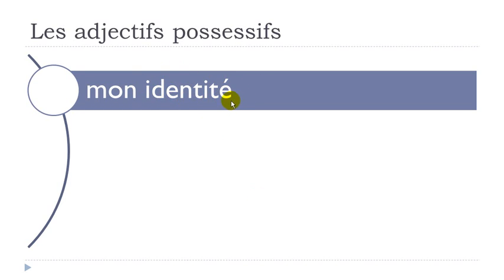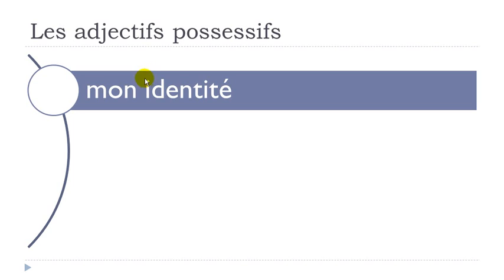If you look carefully at this word, you can notice that it is starting with a vowel, so I in that case. And then for aesthetical reasons, we think that ma identité, the way that normally you should put the feminine form, doesn't sound nice.